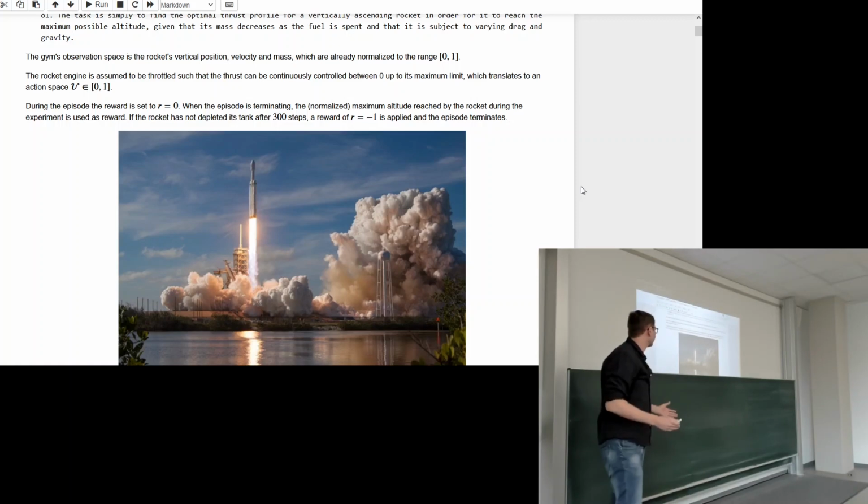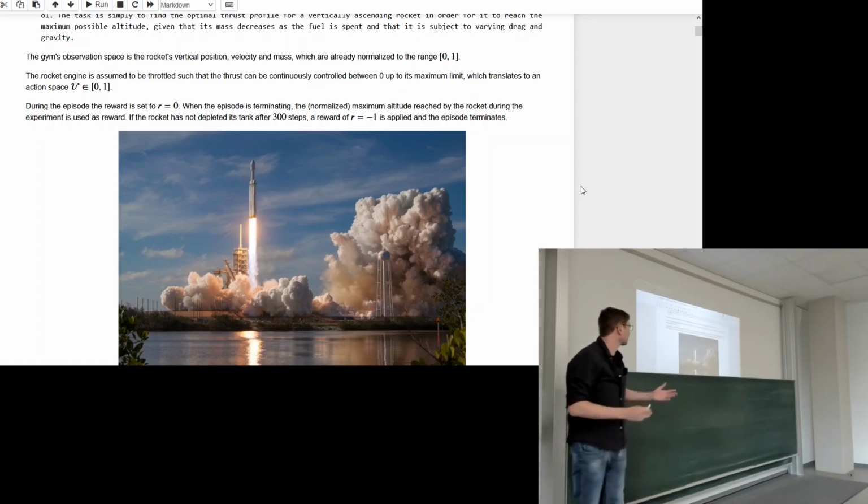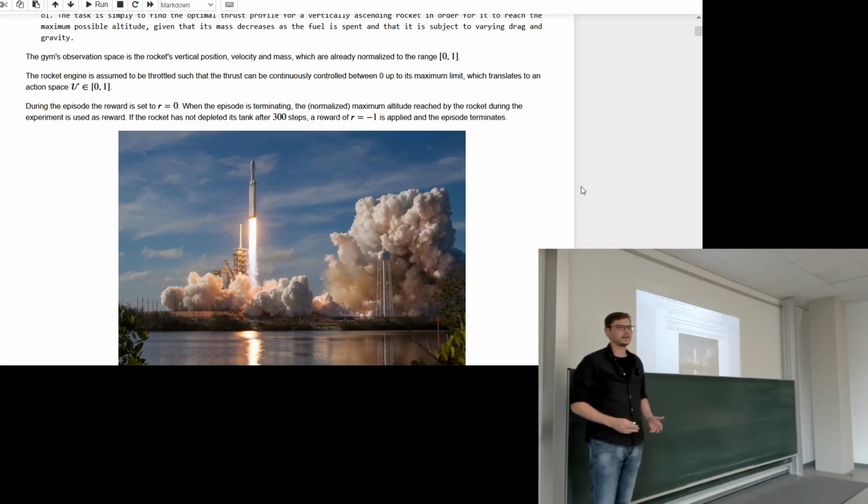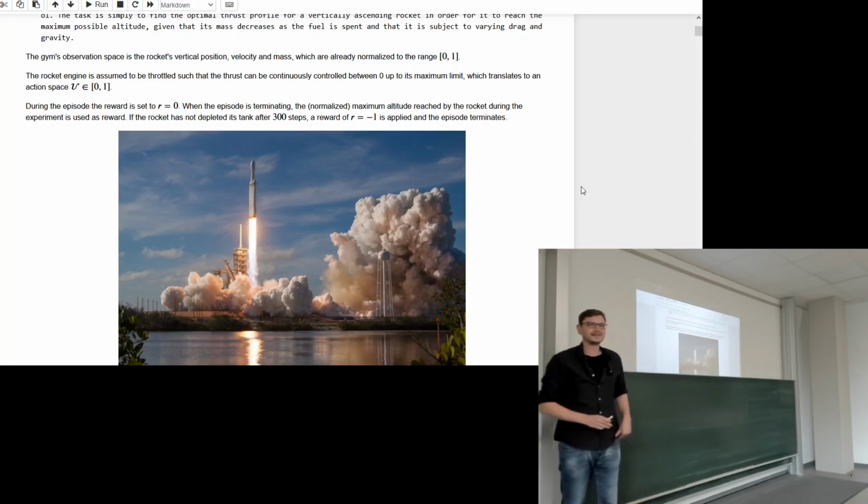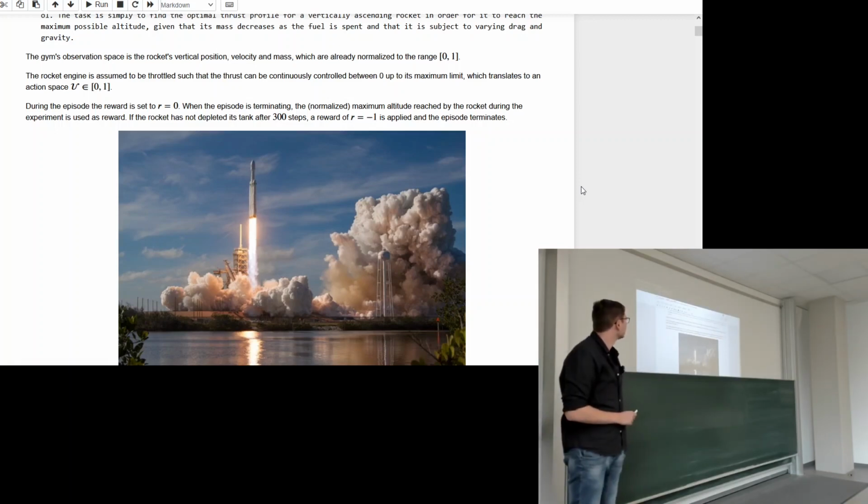And the scenario is already simplified in that we are only looking at one dimension. So the rocket is going straight up. We are not looking at any other directions here, so to say.